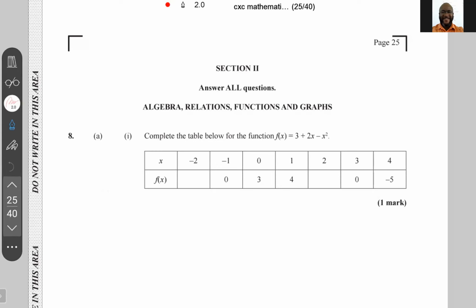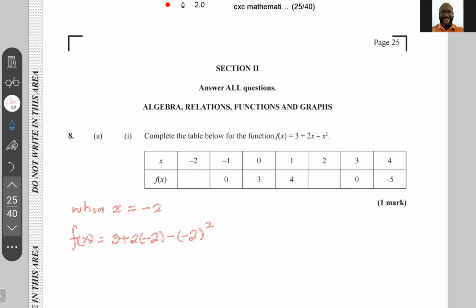The value of f of x when x is minus 2 and when x is positive 2 are missing. So when x is equal to minus 2, f of x would be equal to 3 plus 2 times minus 2 minus minus 2 squared.